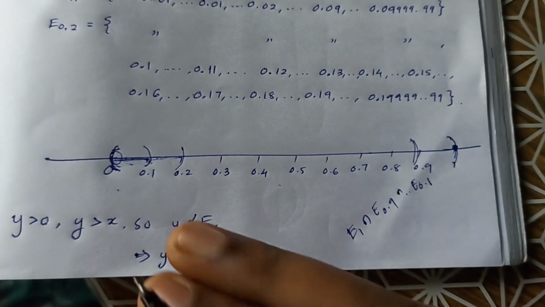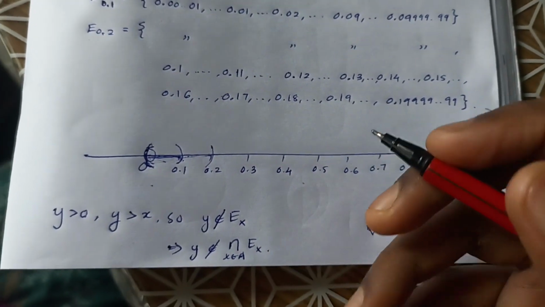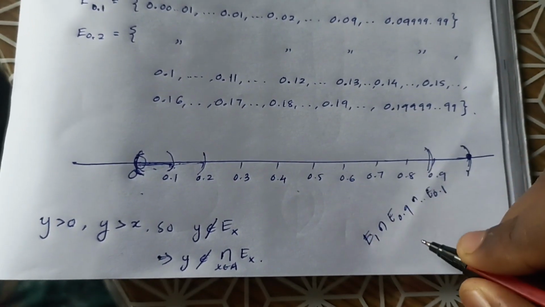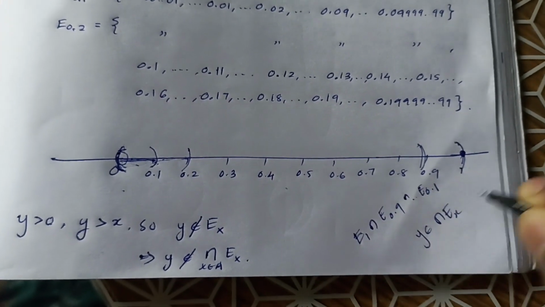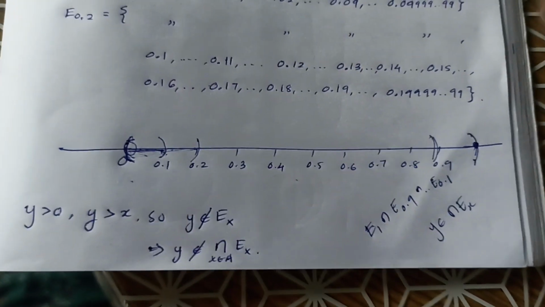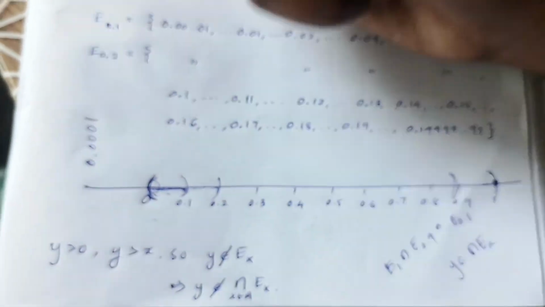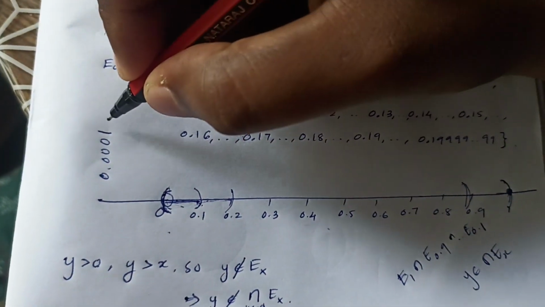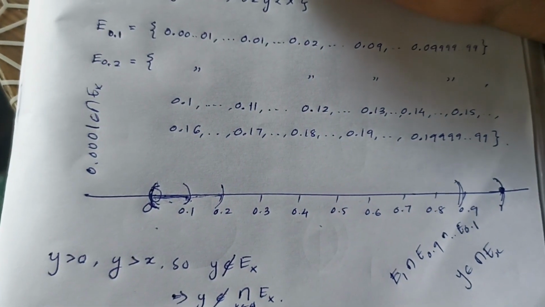We have to show that the intersection is empty. So I am taking a contradiction, means there is a point, I am denoting it as y. Y belongs to the intersection of Ex. For example, I am taking there is a point 0.00001 in the intersection of Ex. What will happen?